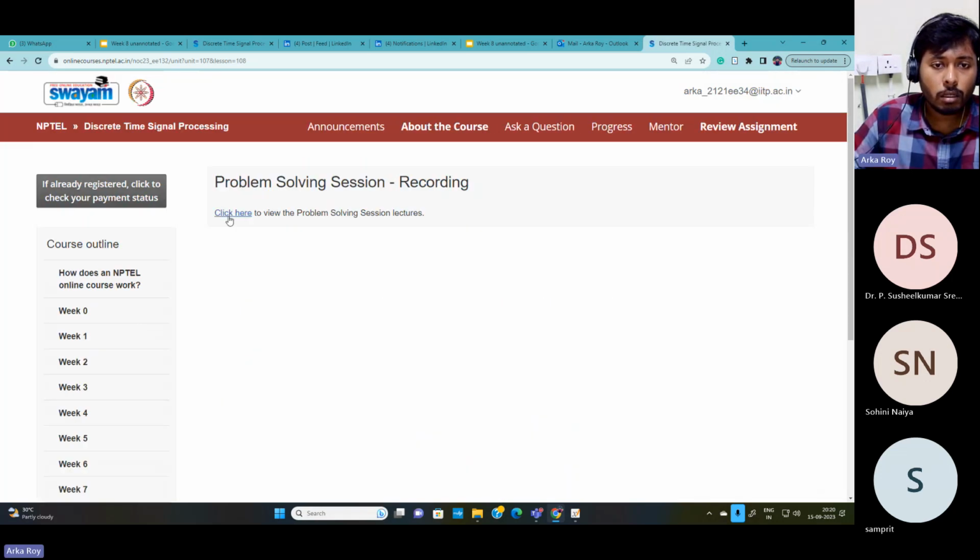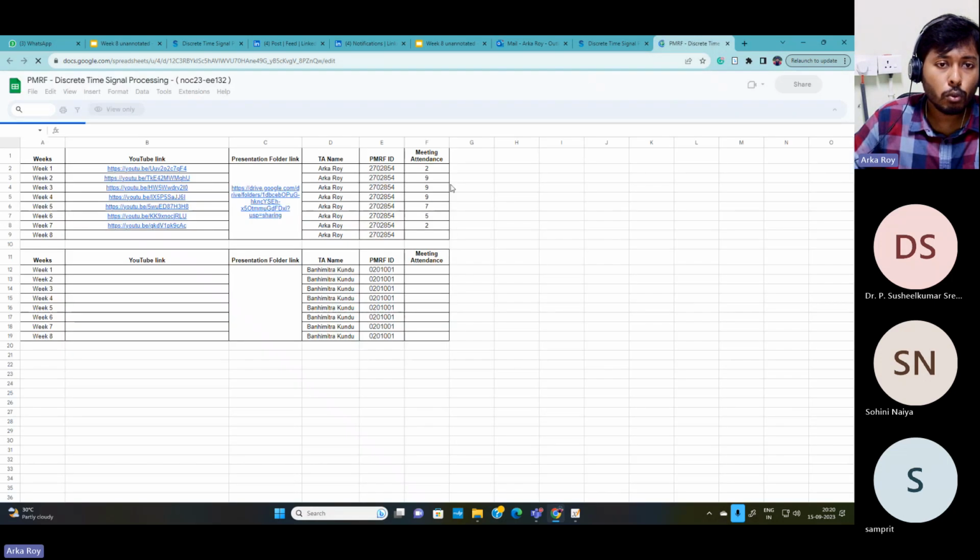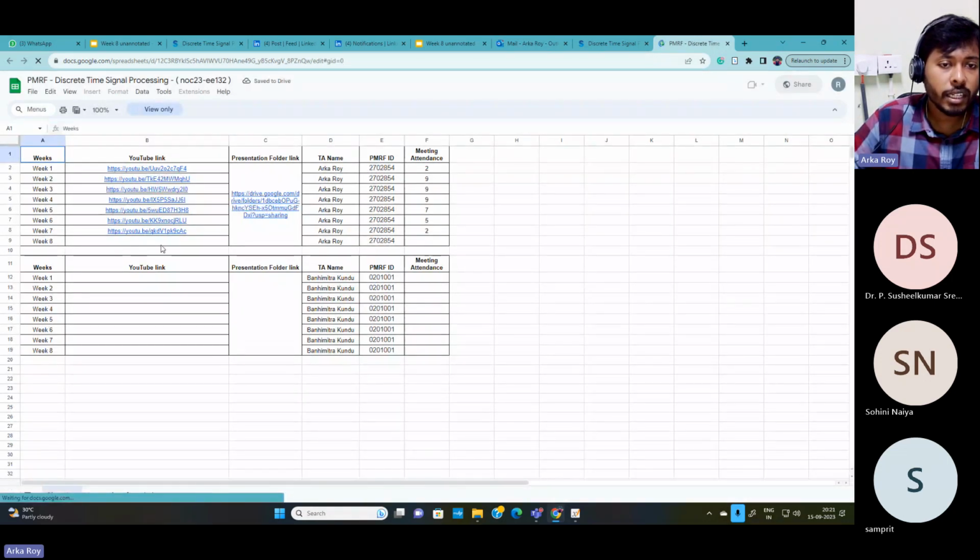So one Google Sheet will come. This link will take you to a Google Sheet. In the Google Sheet, you will see there are two TAs. One is me and one is Bonimitra Kundu. In my folder, you will see there are two links. One link corresponds to the YouTube link and the other is the presentation folder link.